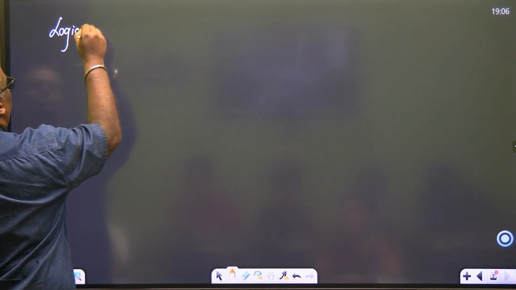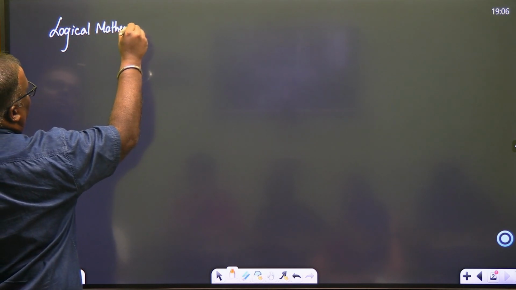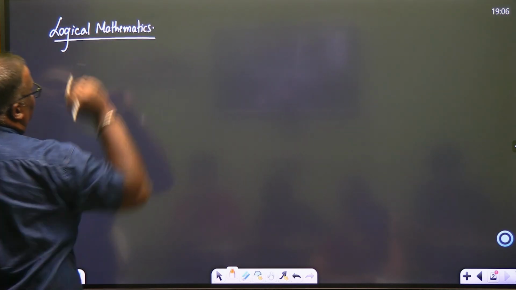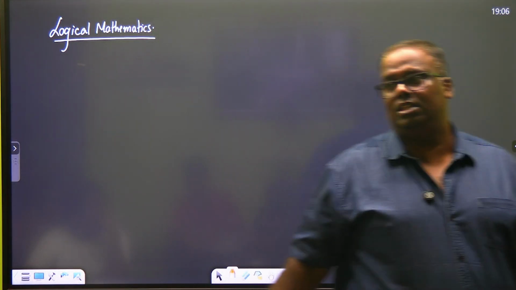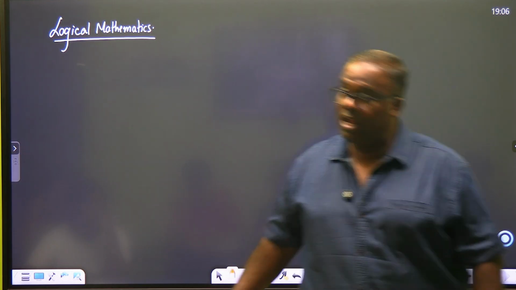Probability falls under the branch of mathematics which is called logical mathematics. Very easy, very interesting. 10th probability is supposed to be the easiest chapter of 10th in maths. However, this chapter will make you remember your grandmother when you go to grade 12.